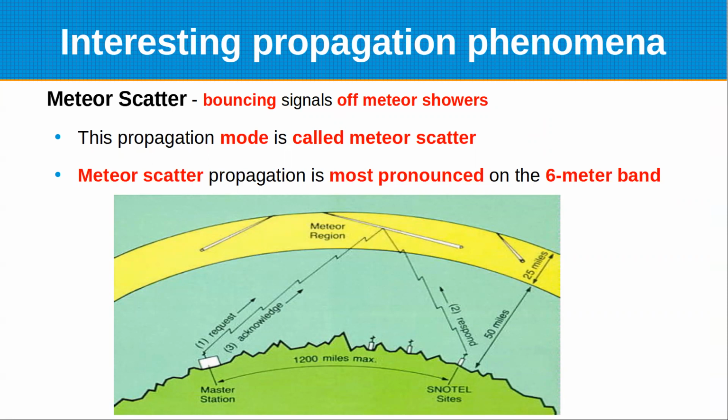But again, it's scatter. Only a portion of it is going to get somewhere, and it's not very reliable. Certainly not something you could depend on happening. And it's best on the 6 meter band. It turns out 6 and 10 meters are good for lots of things. I don't use them.